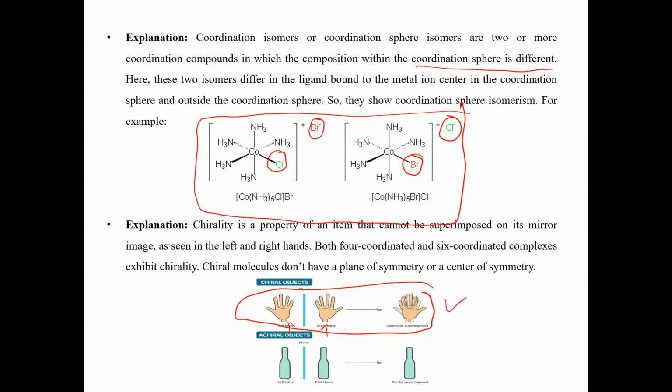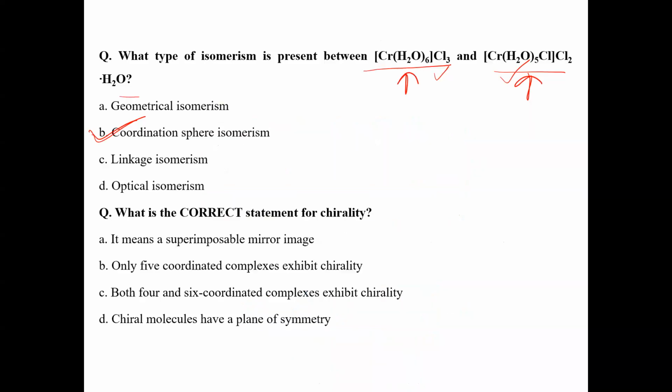So that is the first condition for chirality. Second, it should not have any plane of symmetry or center of symmetry. So the statement that chiral molecules have a plane of symmetry is an incorrect statement. This one is also an incorrect statement.